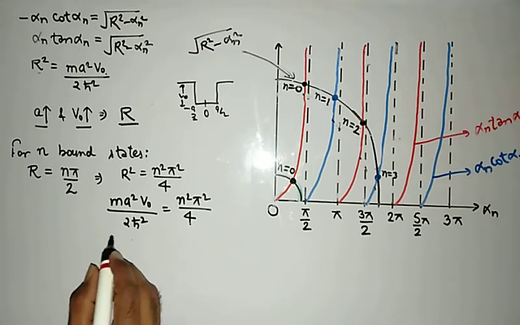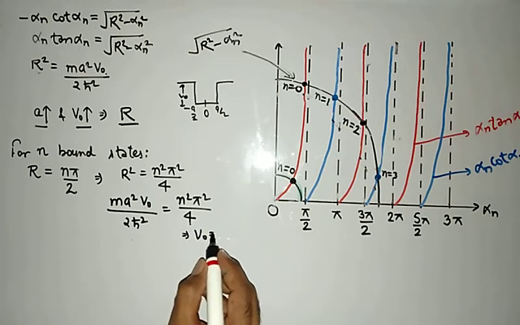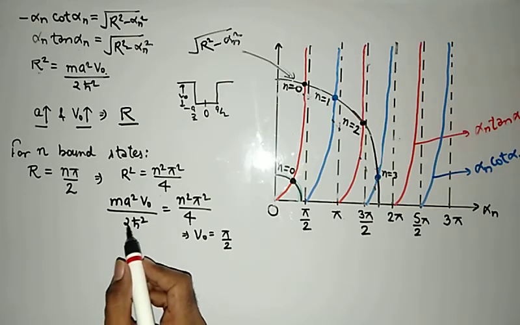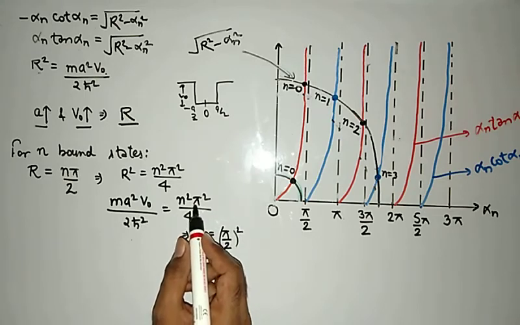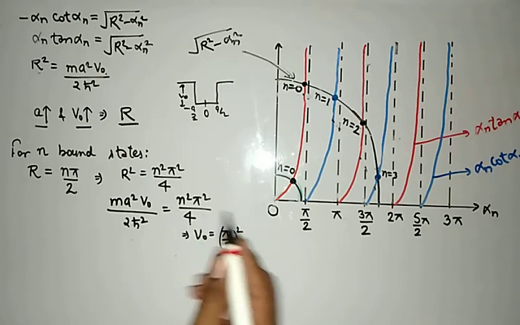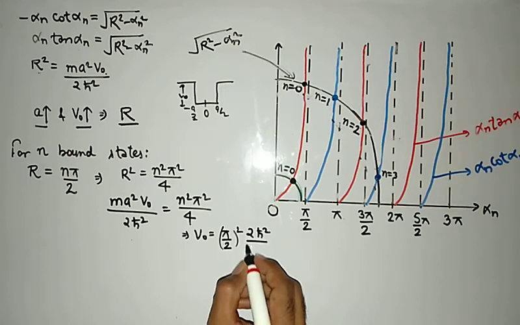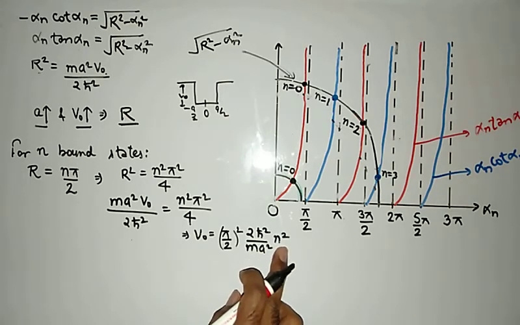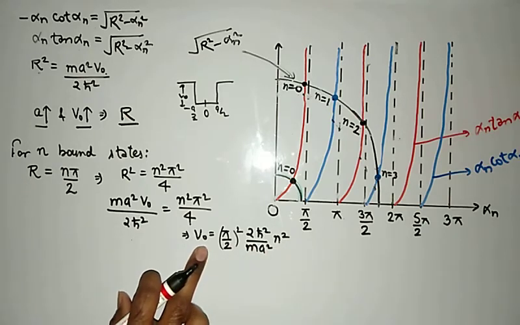So, V naught will be pi by 2 whole square, and this 2 h cut square shifted here upon m square here, and n square. So for n bound states we will have this R and this V naught.